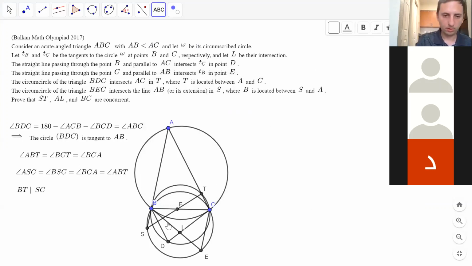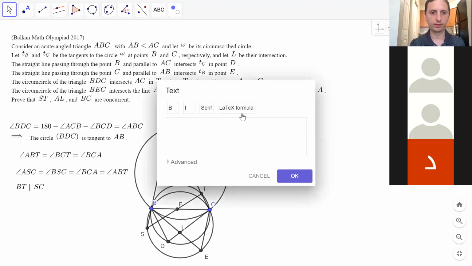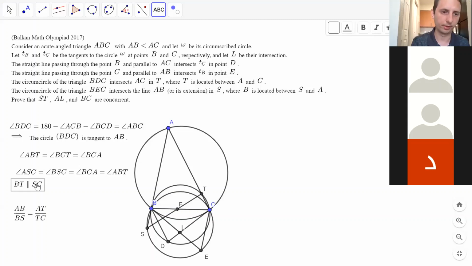And once we know that, we can use Ceva's theorem. So AB over BS is equal to AT over TC. And of course, you don't have to use Ceva's theorem, but the proof is really easy either way.